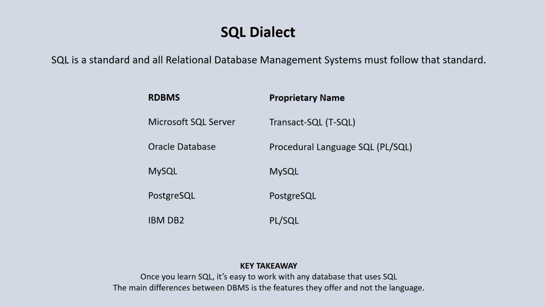MySQL is simply MySQL. PostgreSQL is PostgreSQL. And IBM DB2 is SQL PL. The key takeaway is this: once you learn SQL, it is easy to work with any database that uses SQL, because the main difference is with the features they offer and not the SQL language itself.